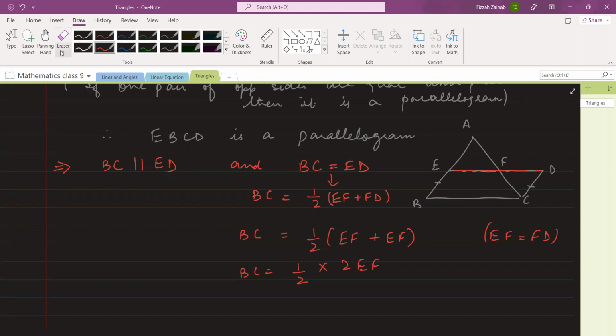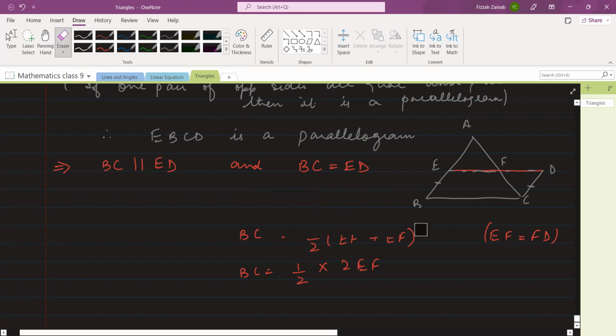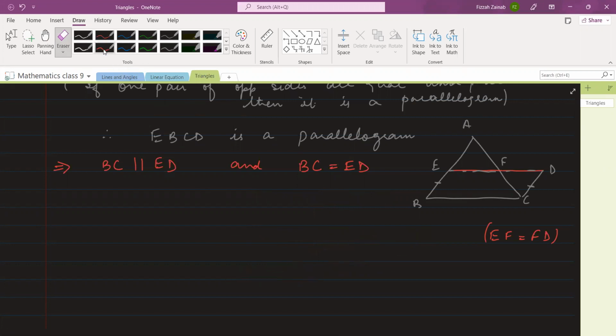Okay, now one by one let us see. Because it's a parallelogram, the other pair which was remaining, BC will be parallel to ED and BC will be equal to ED. Is that clear so far?